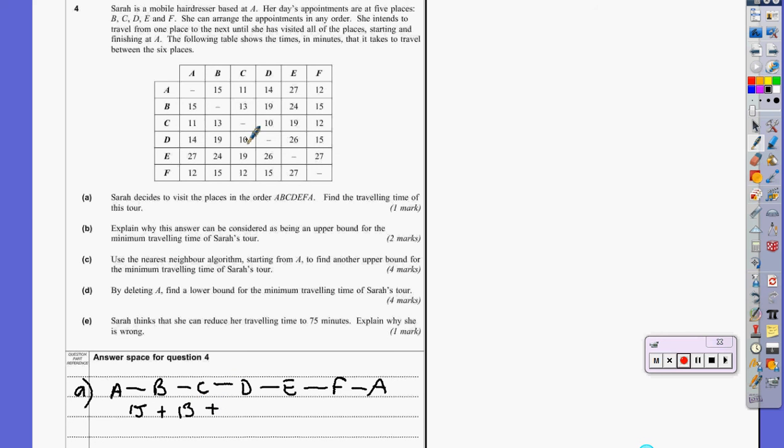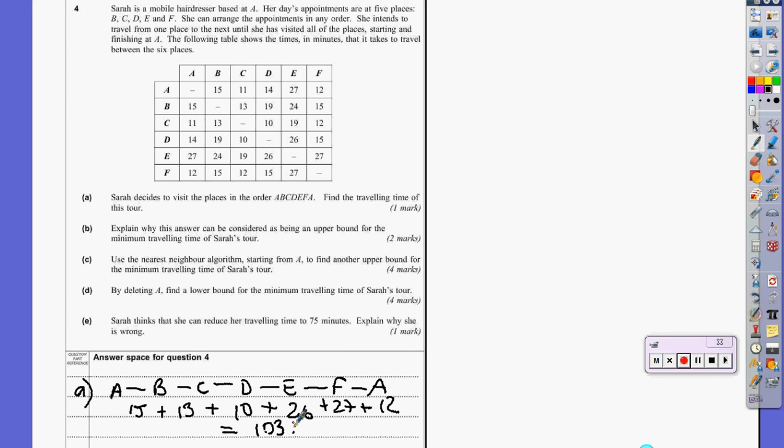From C to D is 10. From D to E is 26. And from E to F is 27. And then from F to A is 12. Add all that up, you should end up with 103. Okay, that's the first answer.